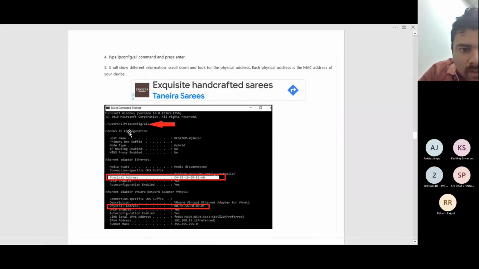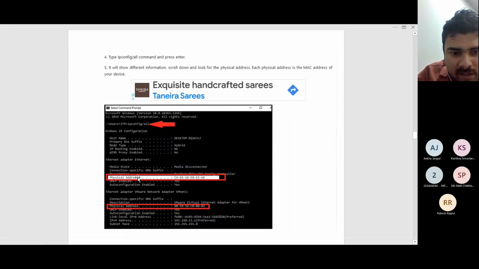Then you need to type ipconfig/all. This command gives information about the host name, the desktop name. Then IP routing enabled shows which network protocol is available in your operating system, like Windows 10, Windows 11.